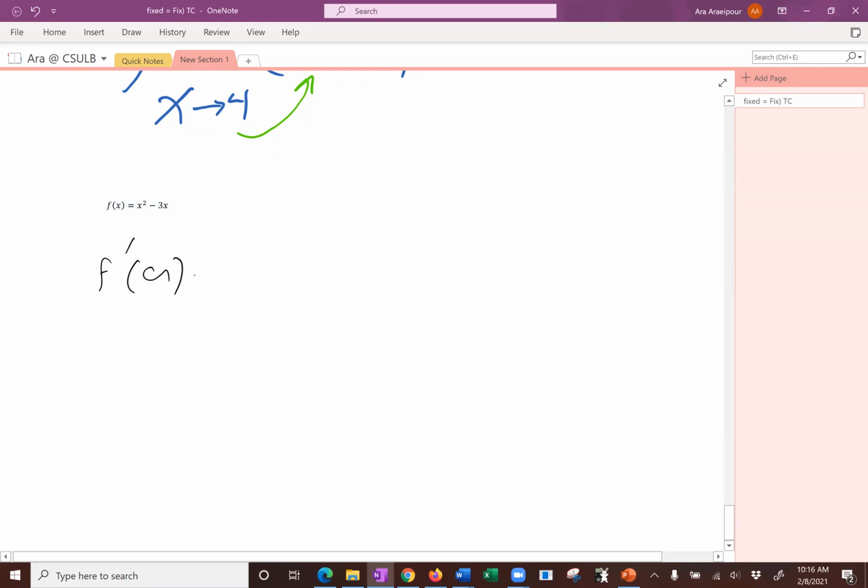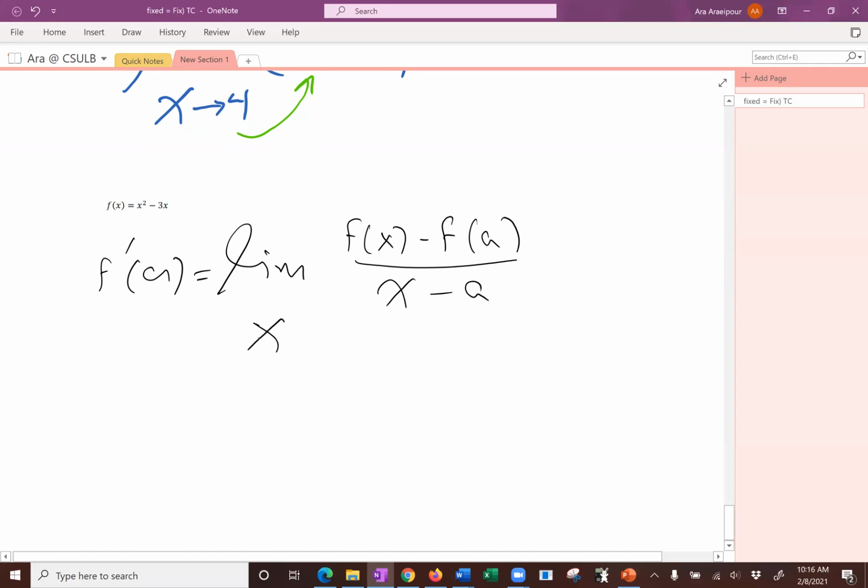f prime of a is the limit of f of x minus f of a over x minus a as x approaches a, where we said a is equal to 4.